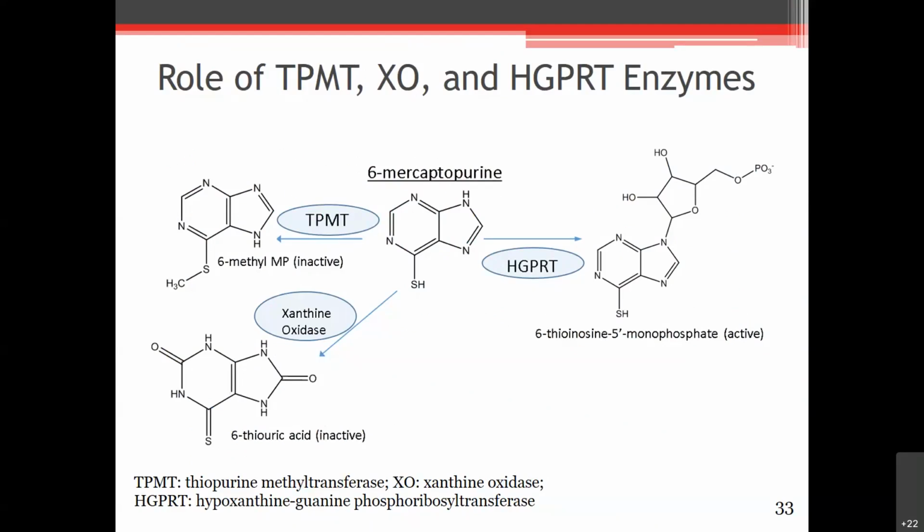So patients with that deficiency aren't going to be able to break down the drug effectively and will therefore have higher levels of active drug in the system. And then finally, with the xanthine oxidase, this leads to an inactive metabolite as well. So that's why it's problematic to have patients on allopurinol, so a xanthine oxidase inhibitor, and which will end up preventing conversion of 6-MP to those inactive metabolites.